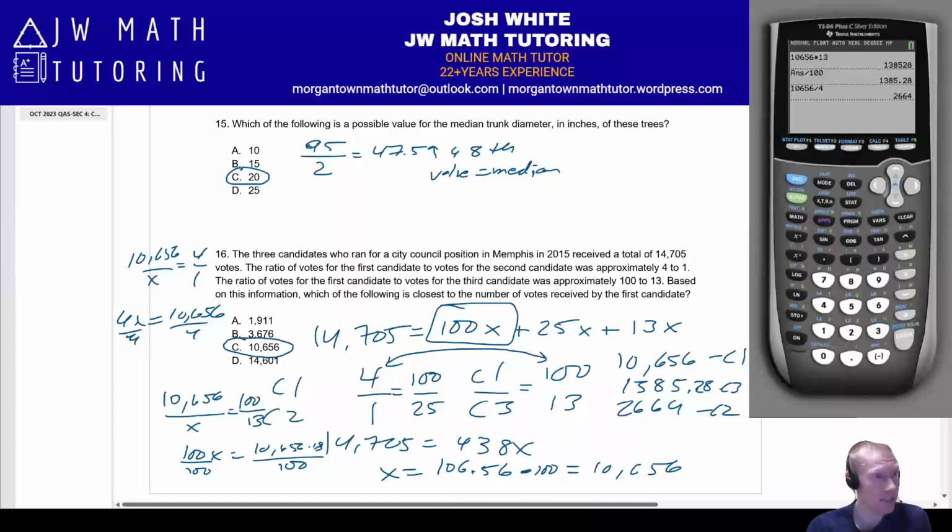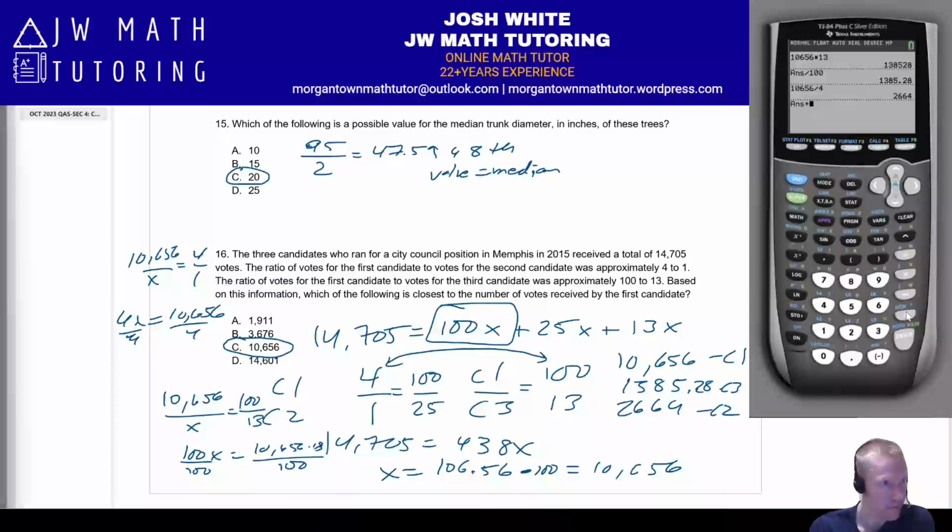So now if we add these three values up, we take the 2,664, I'm just going to round it to 1,385, and then add in the original 10,656 from the answer choice that we're checking. If these three values equal 14,705, which they do, then we know we have the correct answer.